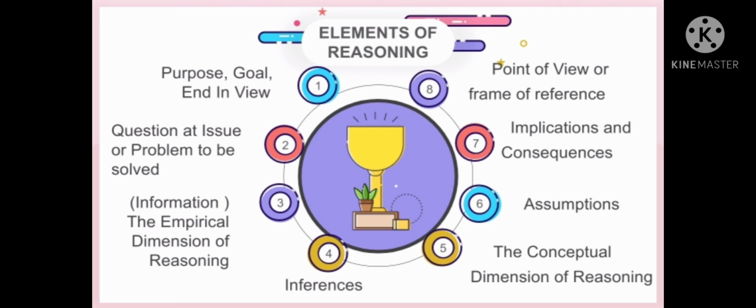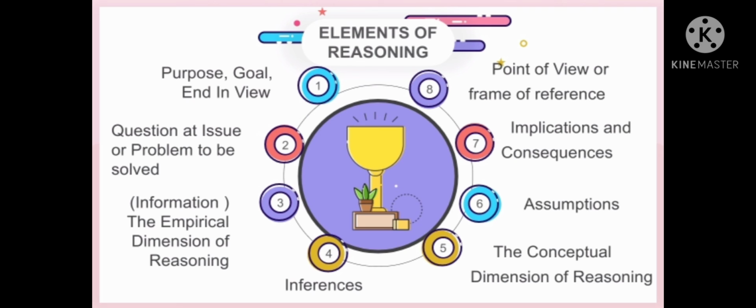The seventh element of reasoning is the implications and consequences, which means no matter where we stop our reasoning, it will always have further implications and consequences. As reasoning develops, statements will logically be entailed by it.